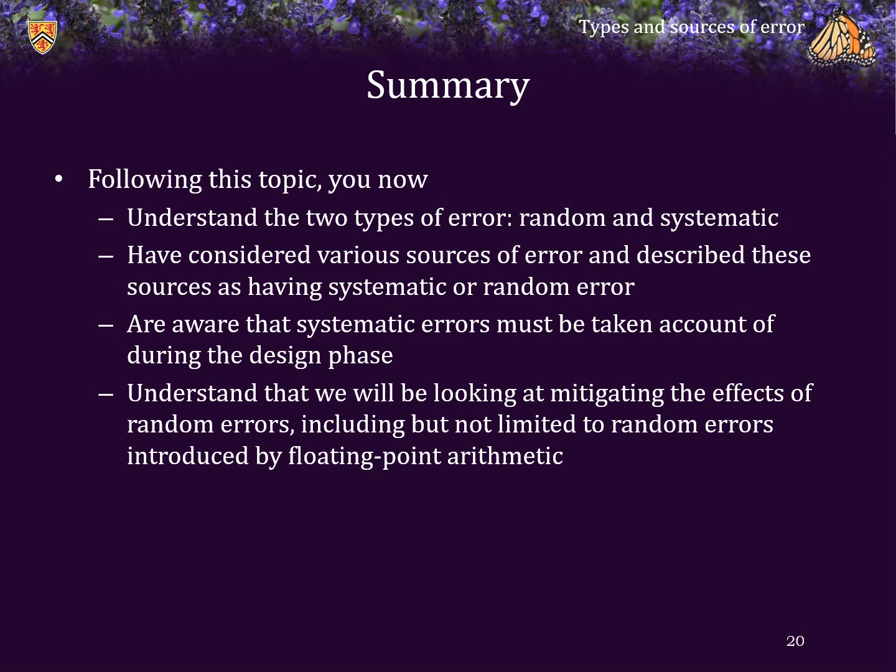Anytime you are investigating an engineering design you are creating, you must consider all sources of error and determine what the impact will be. You are aware now that systematic errors must be taken into account during the design phase. And you understand that for the balance of this course, we will also be looking at mitigating the effects of random errors, including, but not limited to, random errors introduced by floating point arithmetic.